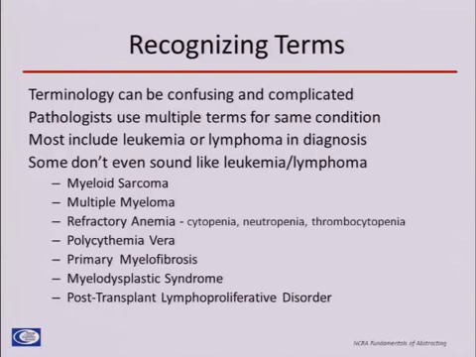They might be more chronic stages, and then they might become acute at a later time. Primary myelofibrosis, myelodysplastic syndrome, and post-transplant lymphoproliferative disorder. Notice that most of these have myeloid or myelo in them. That's a good clue, because most of the lymphomas have the word lymphoma in it, or lymphoid.